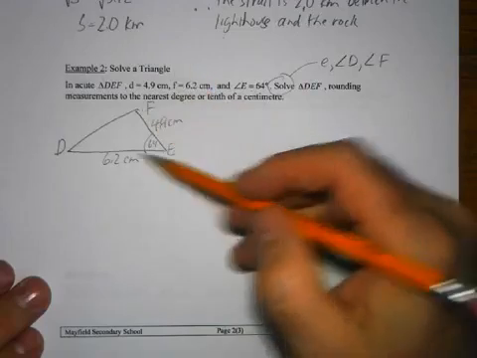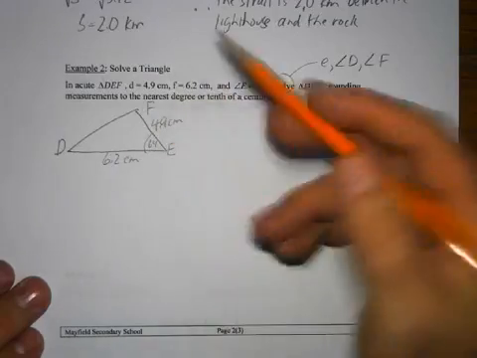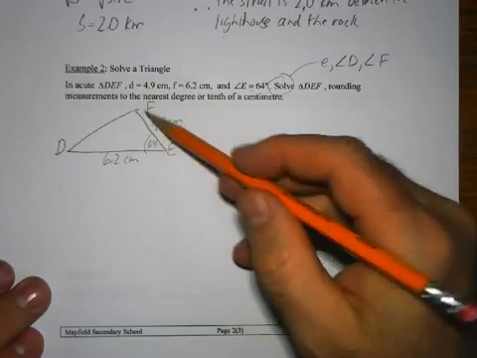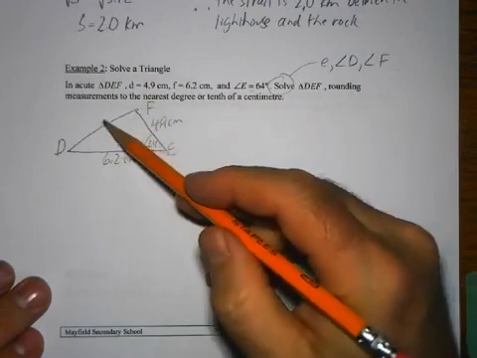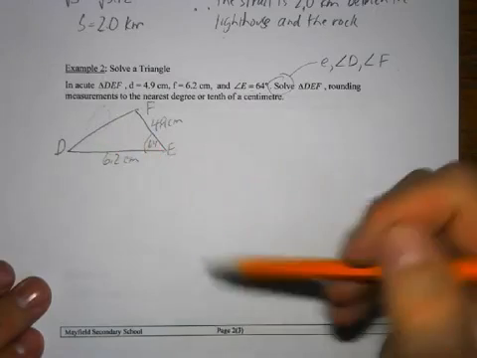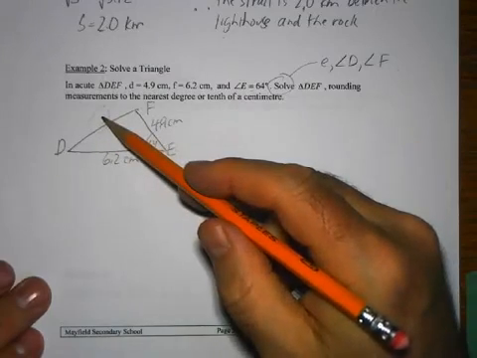I've got side angle side. So once you've done this a couple of times, you realize when I do cosine law for this information, I'm going to get this side. That's the first thing I'm going to get, and then I'm going to go from there.